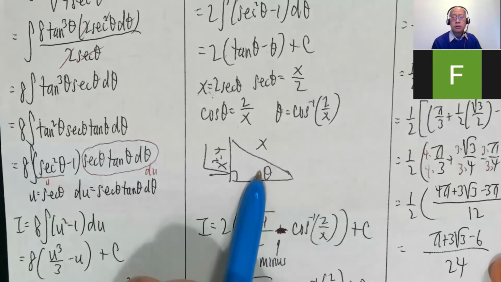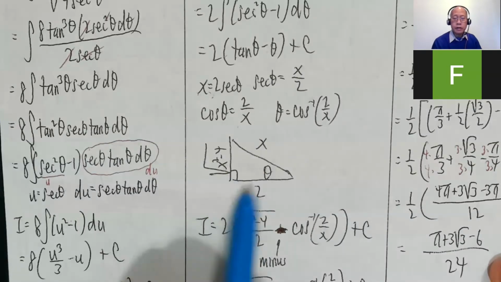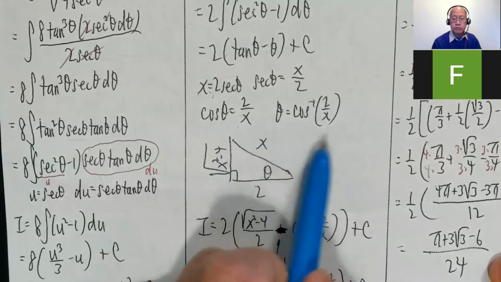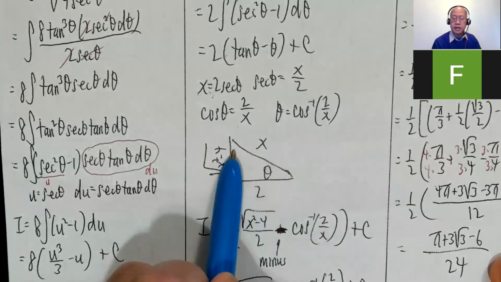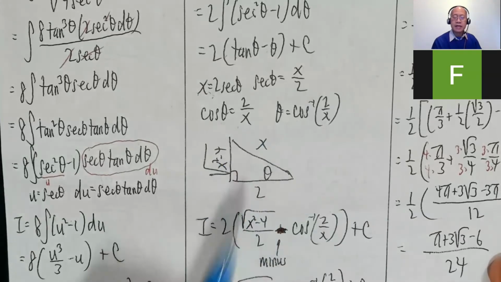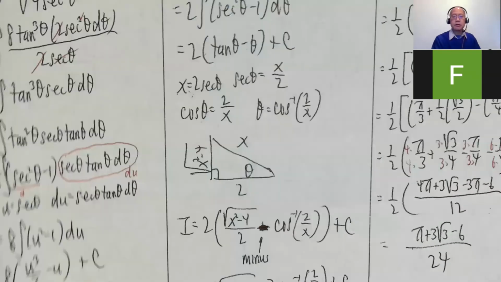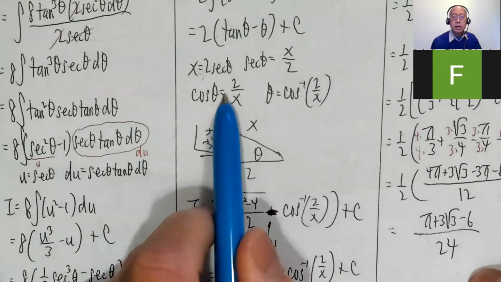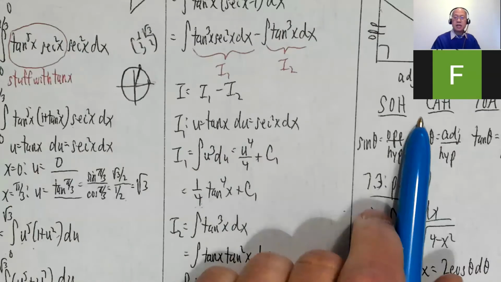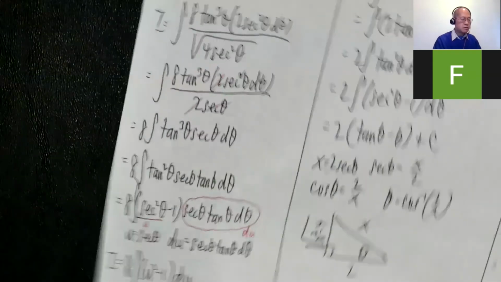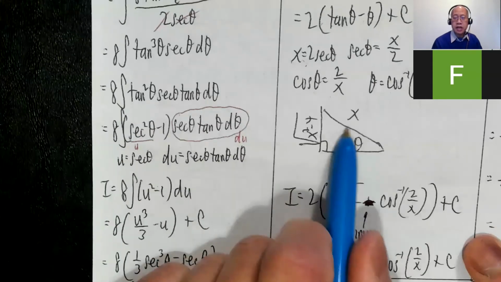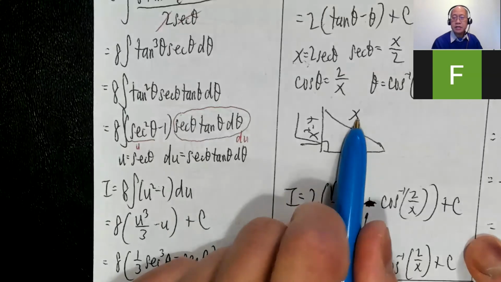All right, so theta, draw my triangle. I always draw it this way, but you can make the triangle look like that or like that, and put the theta over there. It would be the same thing. It's just like mine, tilted that way, or maybe a reflection. Cosine is adjacent over hypotenuse. So I lay down the adjacent as 2, hypotenuse is x.